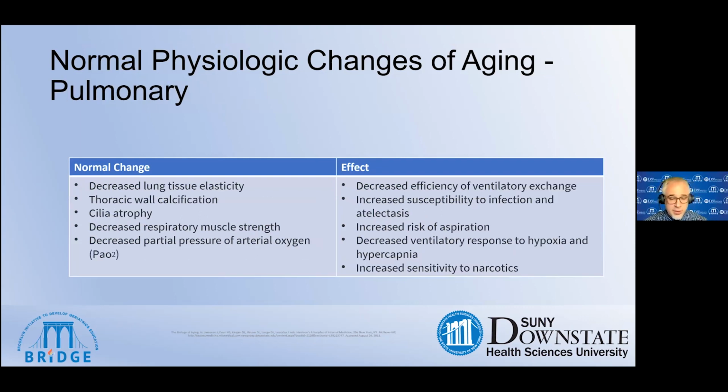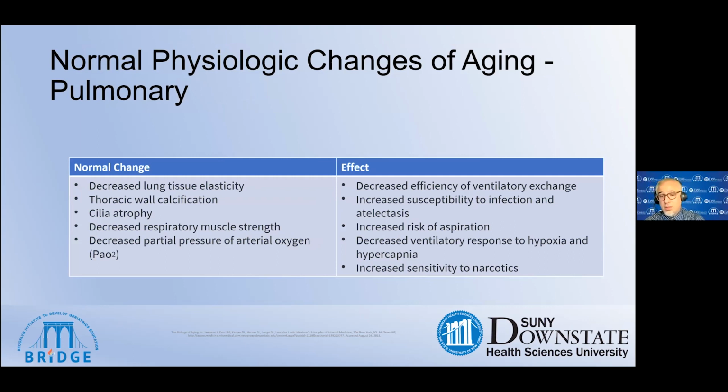And pulmonary changes, right? There are some changes to lung tissue elasticity and ciliary atrophy, decreased respiratory muscle strength, along with some declines in musculoskeletal strength, as we talked about before. And all this leads to some declines in efficiency of ventilatory exchange and an increased risk and susceptibility to infection, atelectasis.